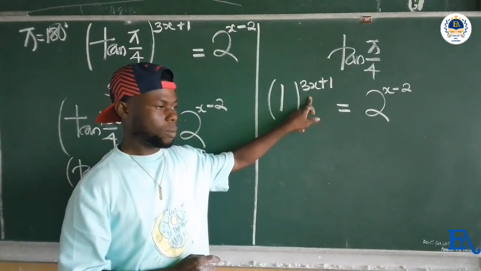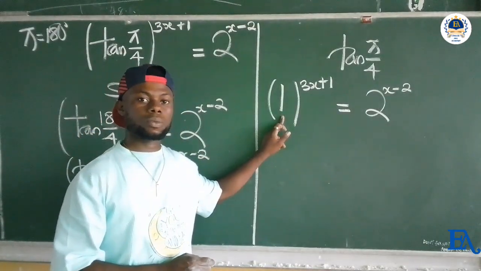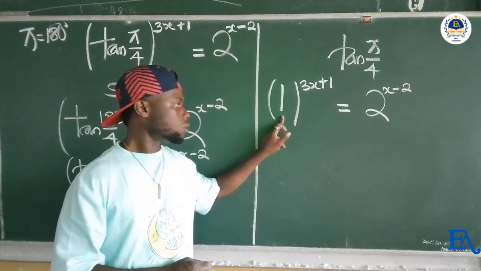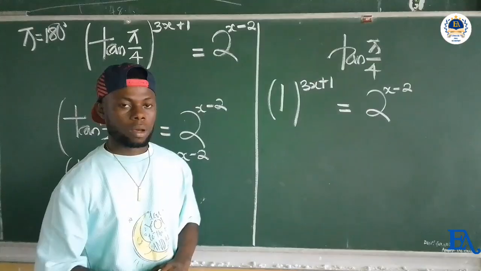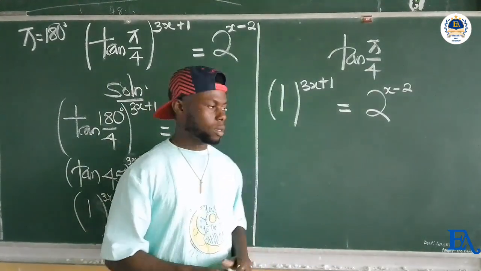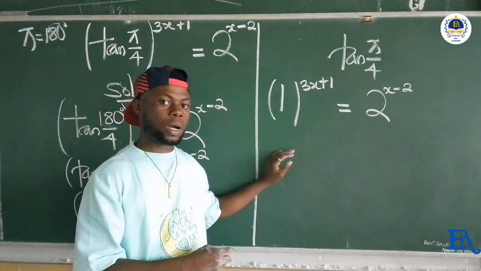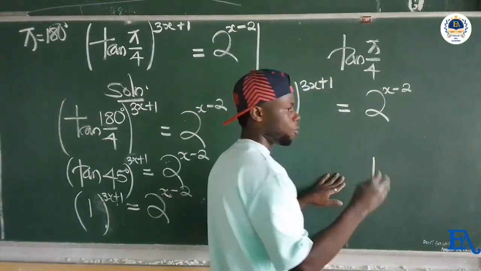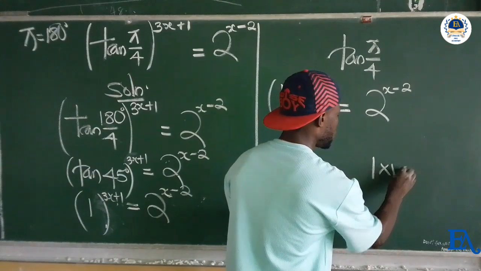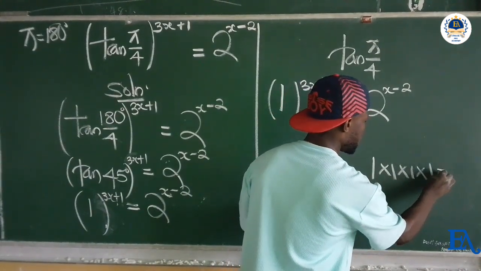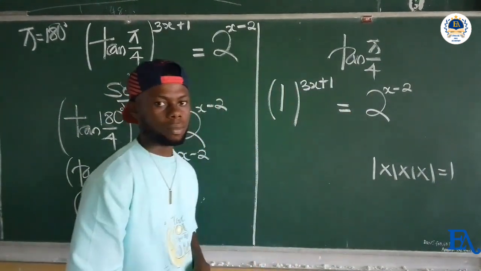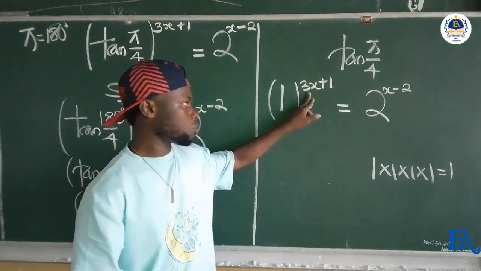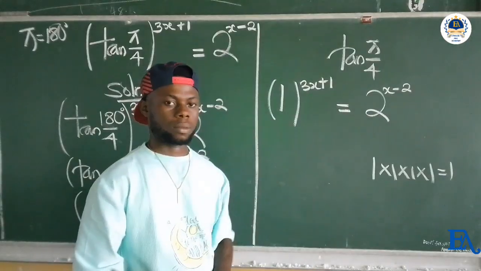How did we get 1? 1 raised to the power of 0 is 1. 1 raised to the power of 1 is 1. 1 raised to the power of 2 gives 1. 1 raised to the power of 18 is still 1. 1 raised to the power of 4 means 1 times 1 times 1 times 1, which gives 1. So for that reason, 1 raised to the power of this is also equal to 1.